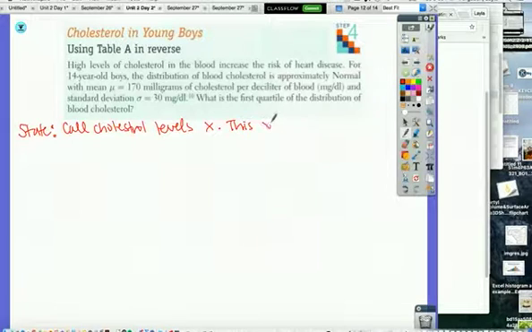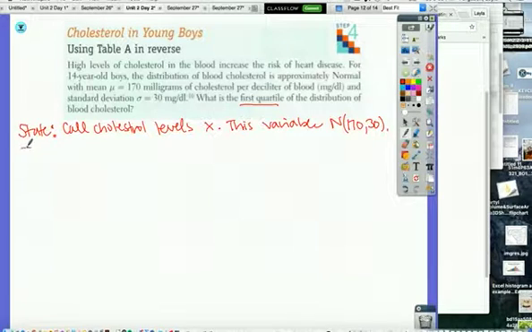You're going to say this variable, which is normal, has a mean of 170 and a standard deviation of 30. And then it tells you that you want the first quartile. Now we know that the first quartile is the value with 25% of the distribution to the left.